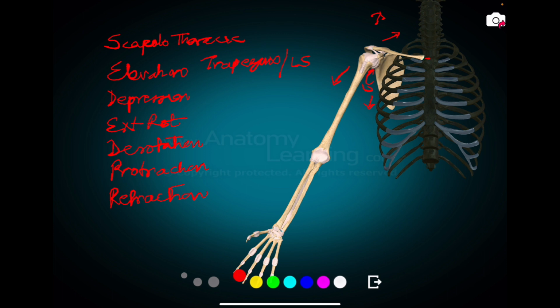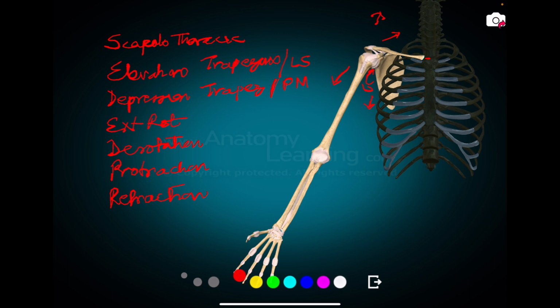The muscle that depresses is attached to the coracoid process. So the lower fibers of the trapezius and the pectoralis minor depress also.